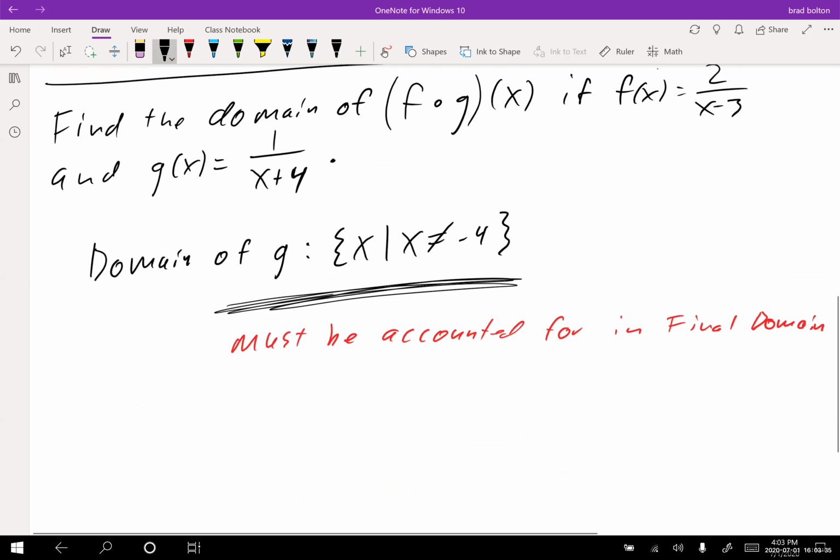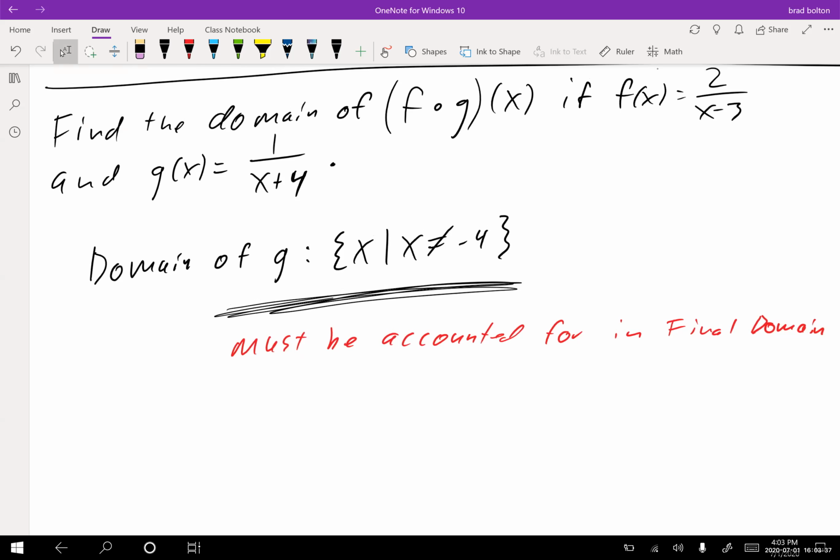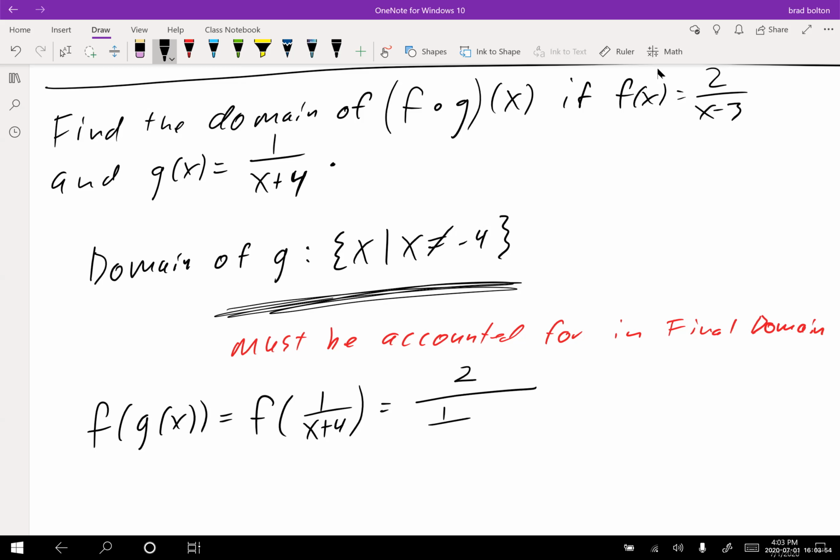So what we're going to do is find f of g of x. I know that g of x is just 1 over x plus 4. So then I'm going to take 1 over x plus 4 and plug it in for x in f. So this will become 2 over 1 over x plus 4 minus 3.